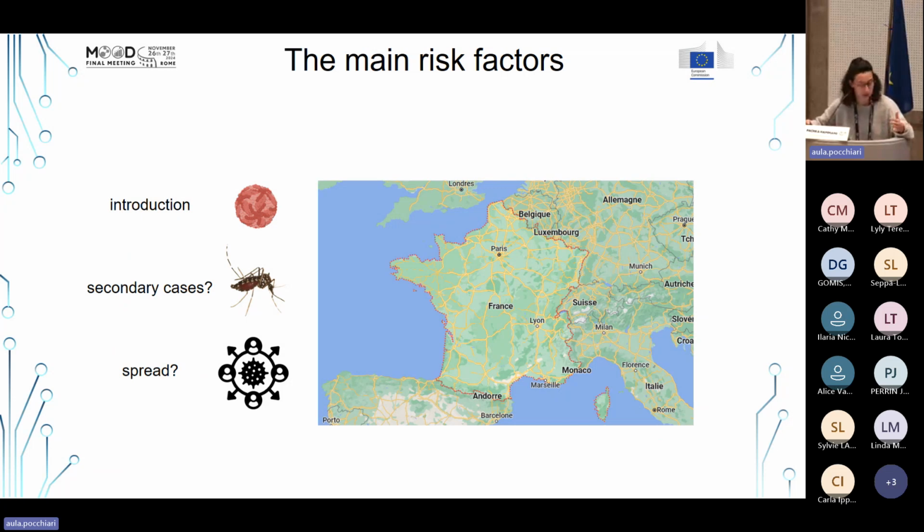So to co-create a tool to identify the higher risk areas, as Lucas said, in space but also in time: when and where there is a higher risk of introduction, but also, if there is an introduction, what is the size of the risk of outbreak, and where could it spread more probably.